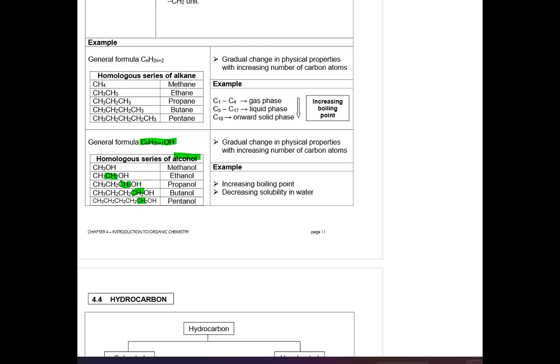Methanol, ethanol, propanol, butanol and pentanol, all of them have functional group hydroxyl, so all of them are in homologous series alcohol. Okay, homologous series is actually similar to class of compound.